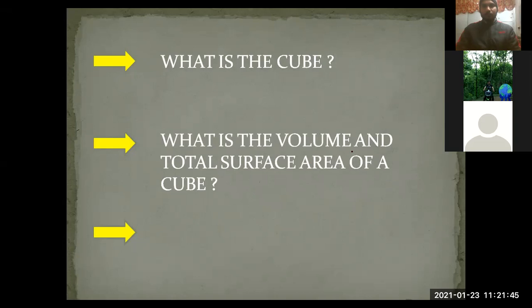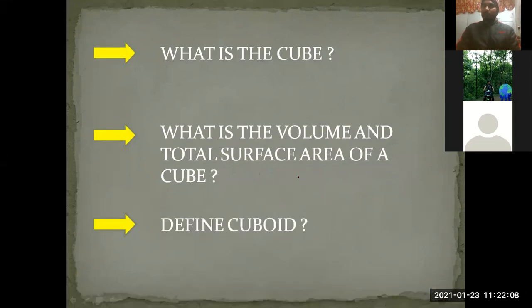Very good. The total surface area of a cube is 6 L square. Very good. So the volume of the cube is L cube if you take the side as L, and the total surface area is 6L square. The next question is: define cuboid.